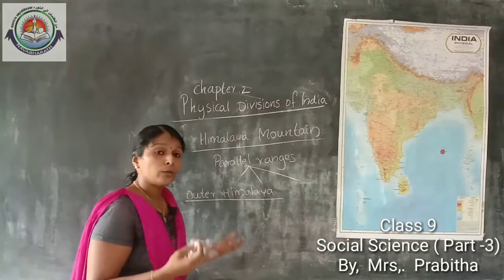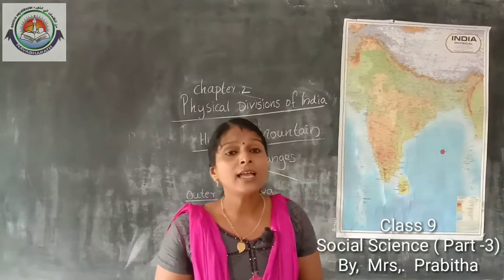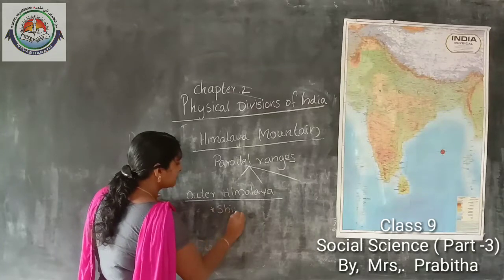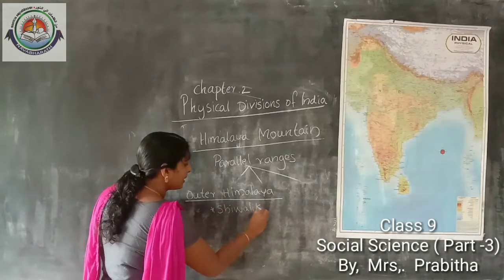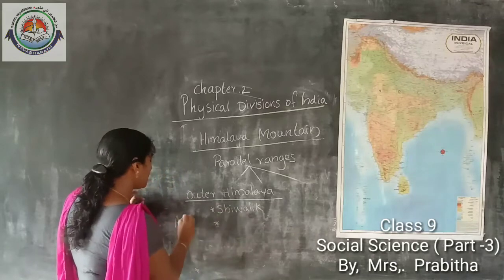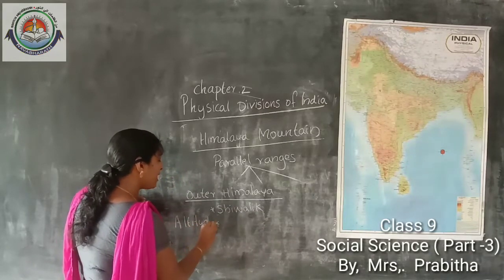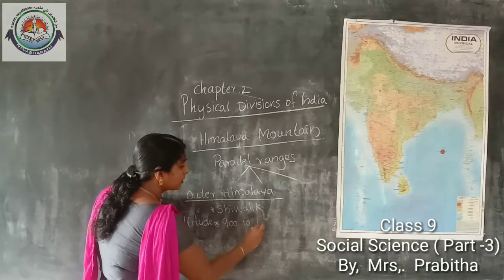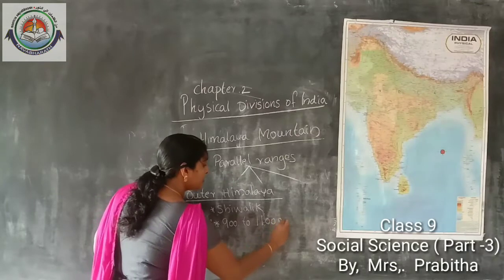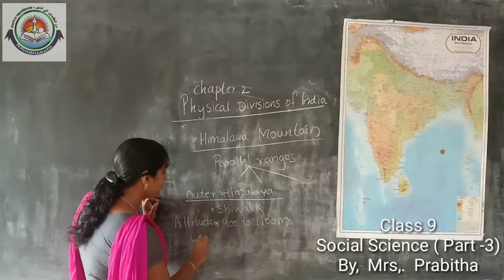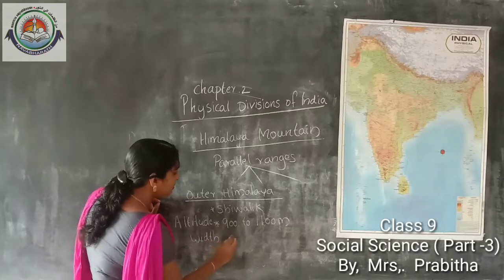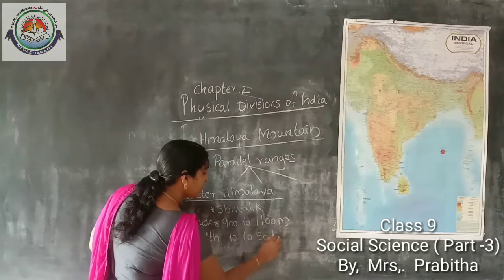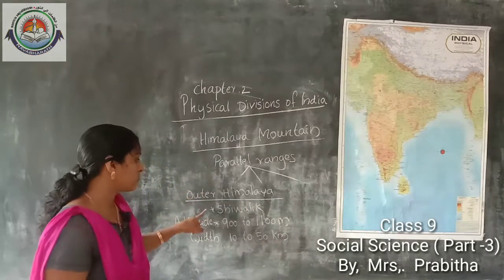It is the outermost range of Himalaya. It is also called Shivalik.